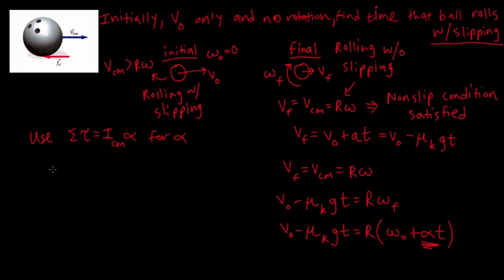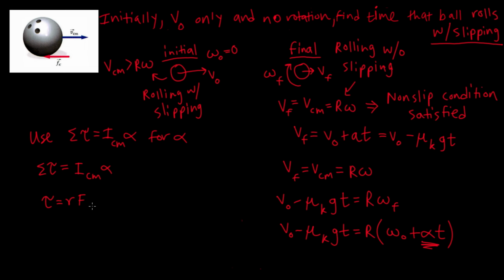So let's apply this formula. The sum of the torques is equal to the moment of inertia of the object times the angular acceleration. And we know that the formula for the torque is just equal to the force that's creating the torque times the distance that force is from the axis of rotation, which is the variable r.